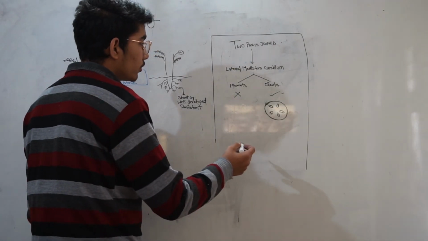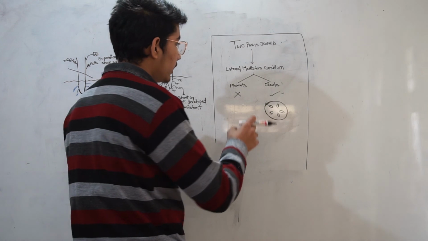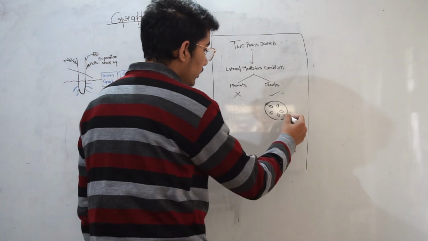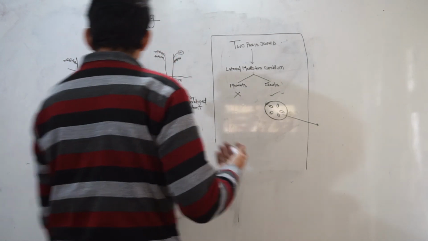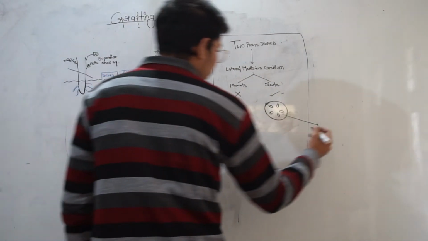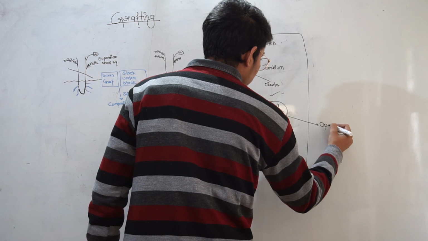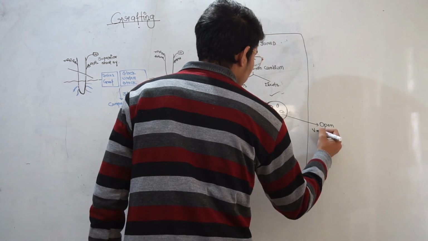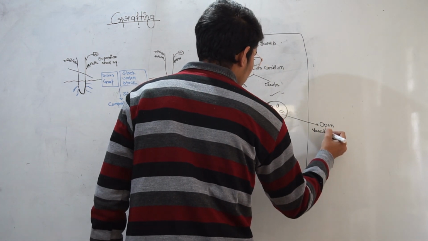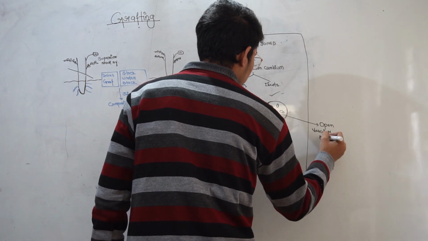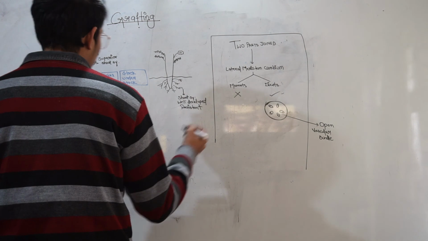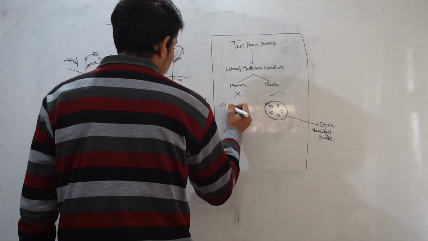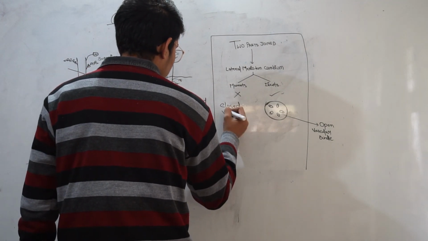Because there is the presence of cambium in the meristems of dicots, we can say that there is the presence of open vascular bundle. And here it is a closed vascular bundle.